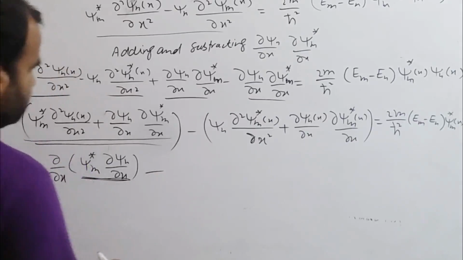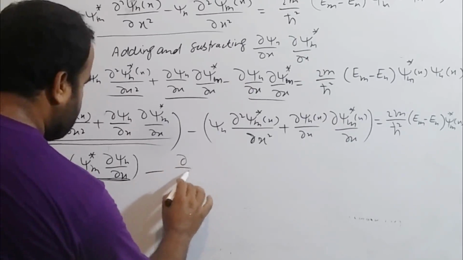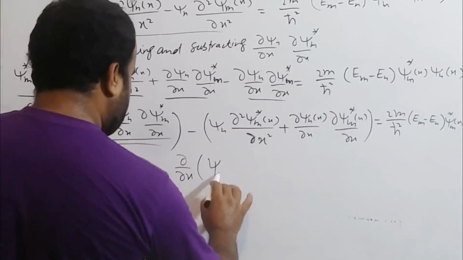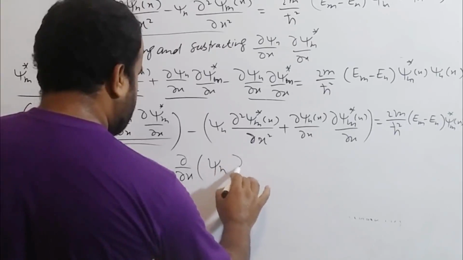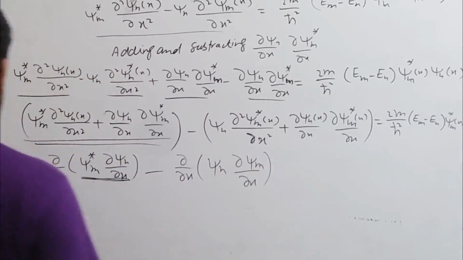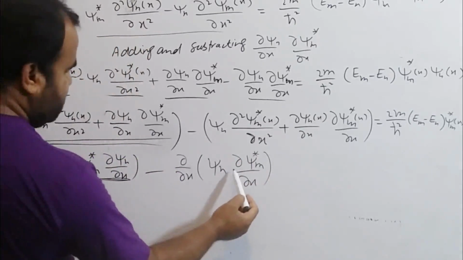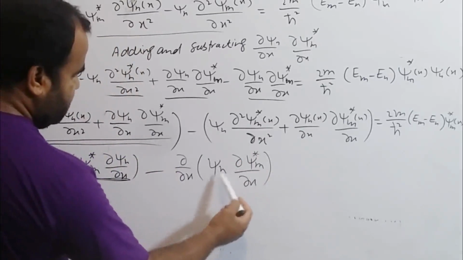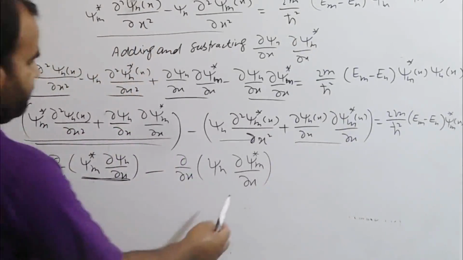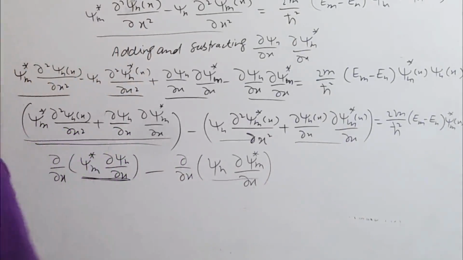Minus, similarly here we write ∂ over ∂x, and here ψn and ∂ψm* divided by ∂x, because these two terms are actually the partial derivative of these two factors with respect to x.